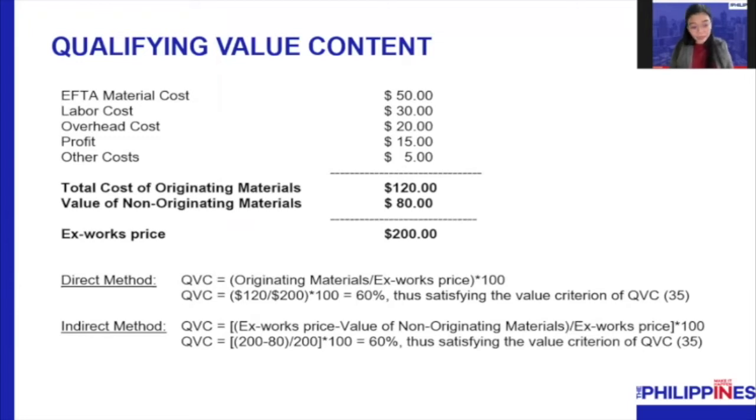On the other hand, for the indirect method formula, as shown on the screen, given this example, the good will also be considered to be originating, given that the computed qualifying value content using this method is 60%, which also satisfies the value criterion of 35%.